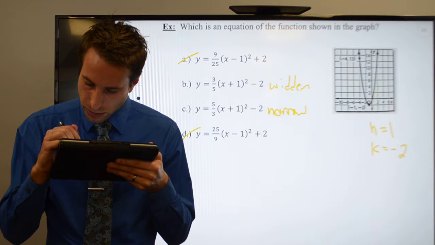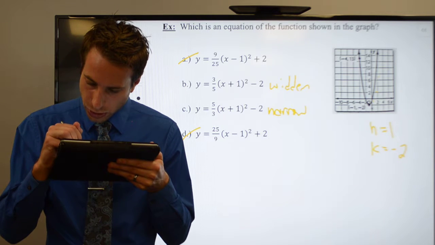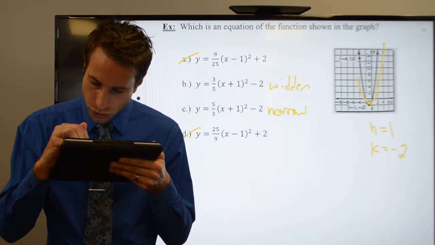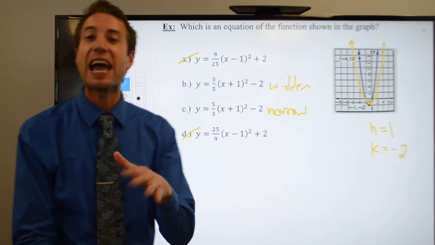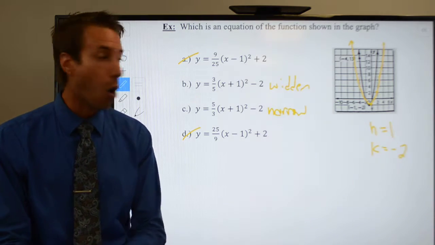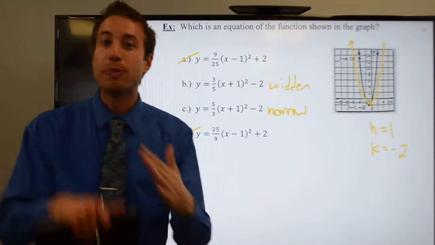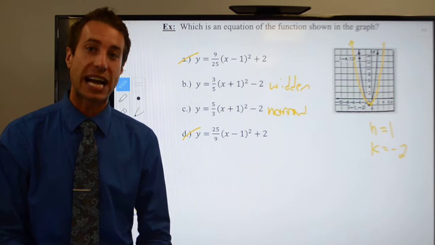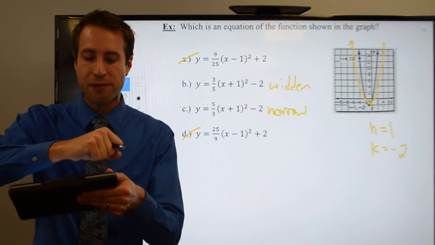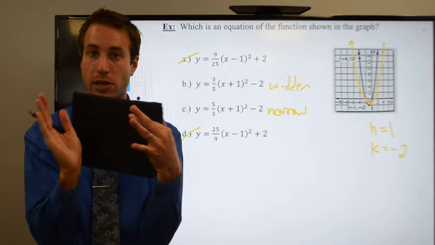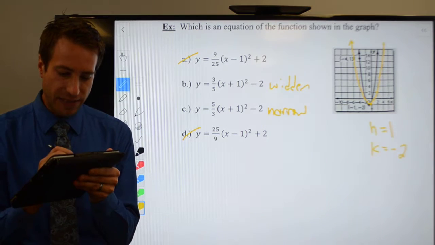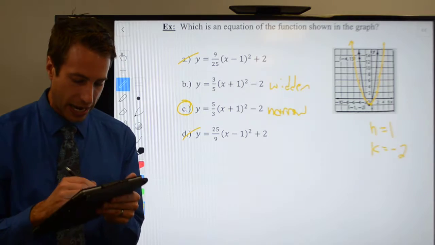Let's see if I went 1, 2, 3. All right, so it looks like if a were equal to 1, my graph would actually be on the outside, right? It would be a little wider than what I was actually given, which means the graph you've been given has been vertically stretched. It's been narrowed, and I believe that this is going to be the correct answer.